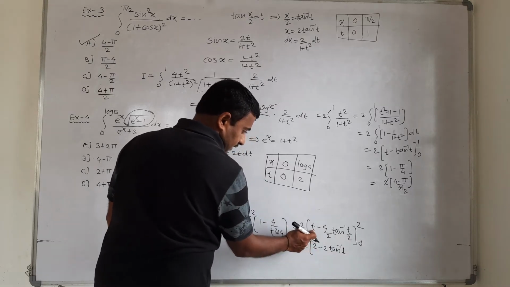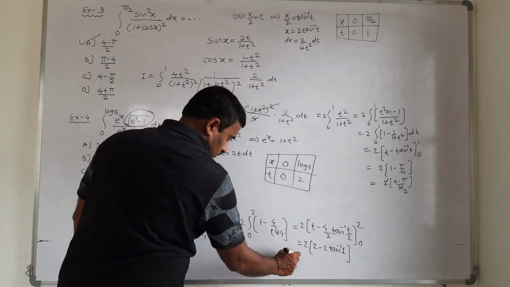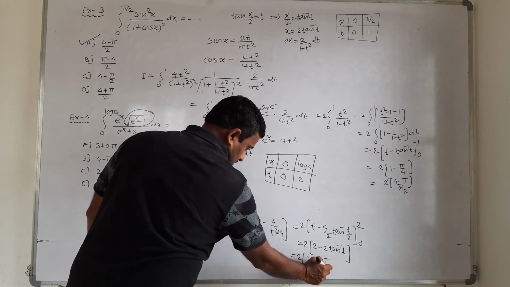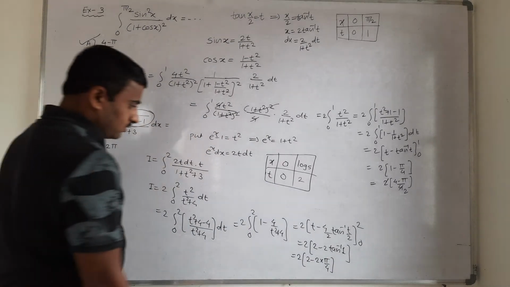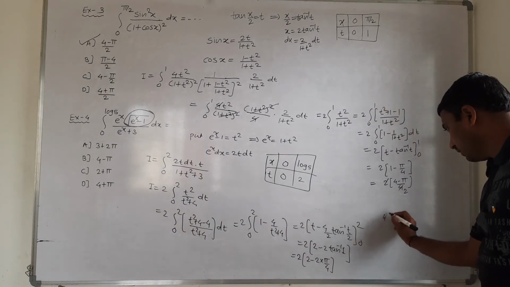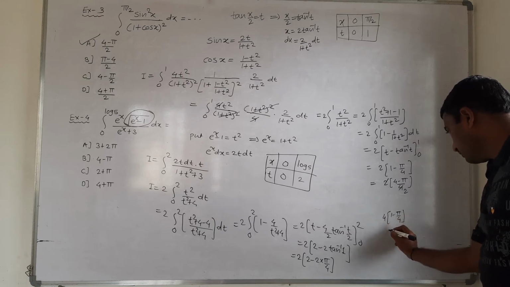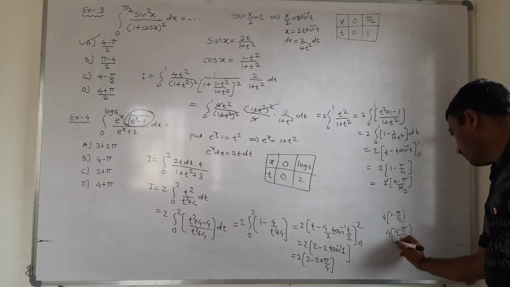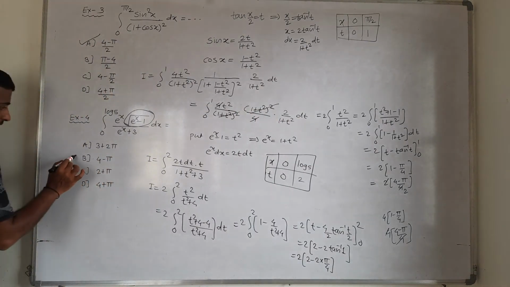Lower limit 0 is neglected, tan 0 is 0. Therefore 2 minus 2 pi by 4. Final simplification: 2 common, then 4 outside, 1 minus pi by 4 cross 4, gives 4 minus pi upon 4, the 4 cancels, that is 4 minus pi. That is the B option.